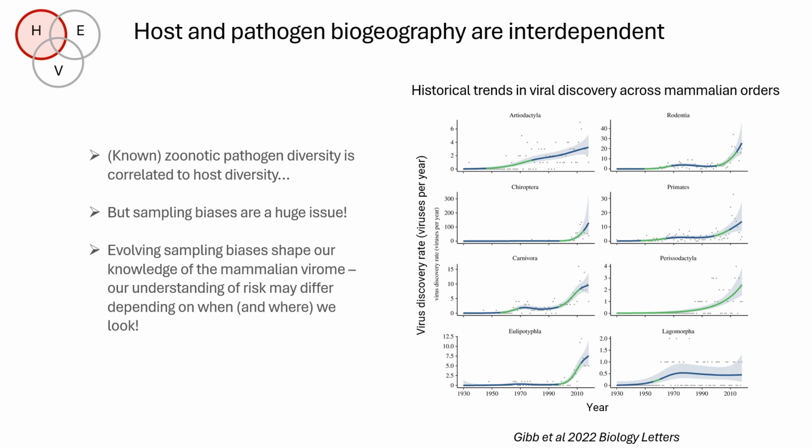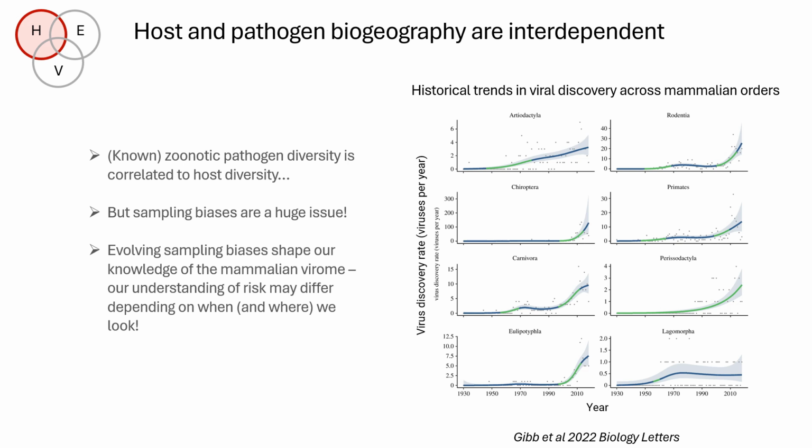the shape of those trends really differs a lot in different mammalian orders, with a couple of really notable observations: bats and rodents were both generally thought to be quite low diversity of viruses until around the turn of the millennium.